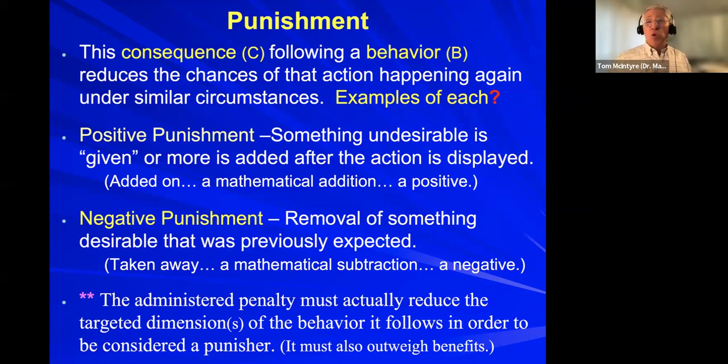At home, taking away the promised trip to the water park because of the behavior that was displayed in the home. Taking away the use of the car if it's a teenager. Other examples, moving the clip down from green on the chart in front of the room to yellow to red. We are taking away status, negative punishment.